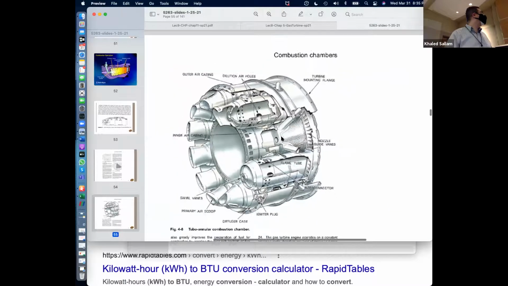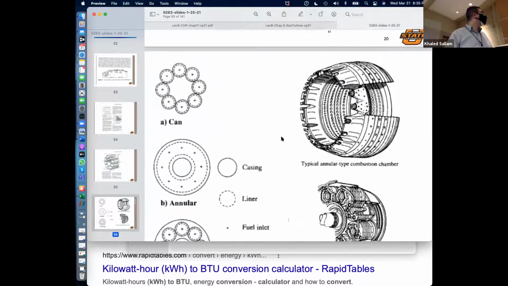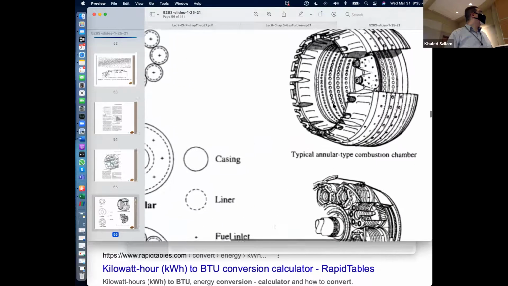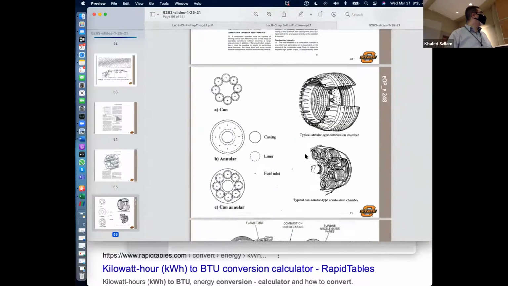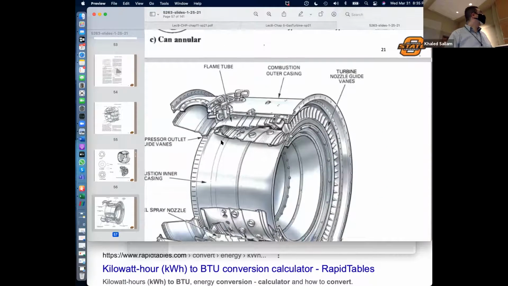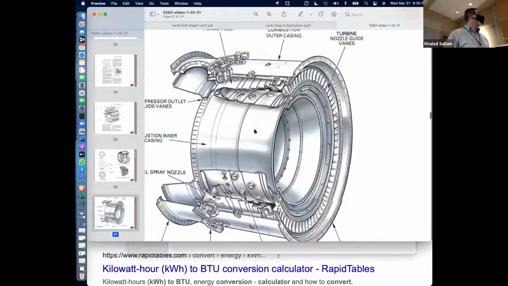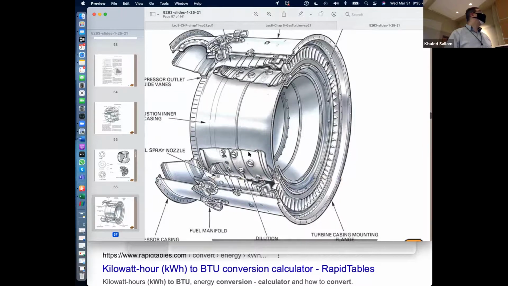Bunch of cans around. But then there is an even better design where the flow is in an annulus rather than cans. Like this. Rather than a bunch of cans, there is a big annulus where the combustion happens all over. But although this is more efficient, they don't like it because of maintenance.